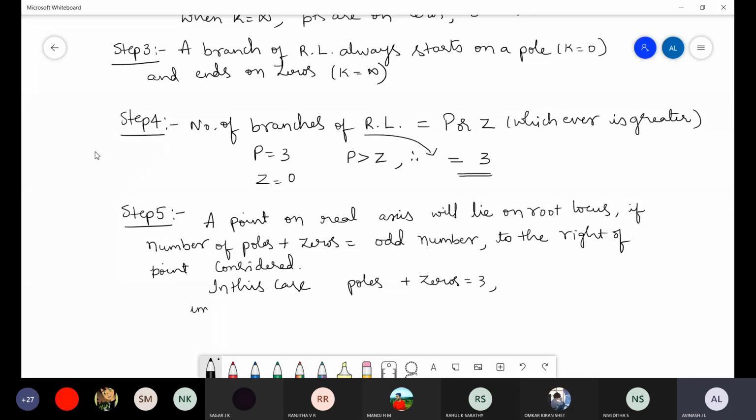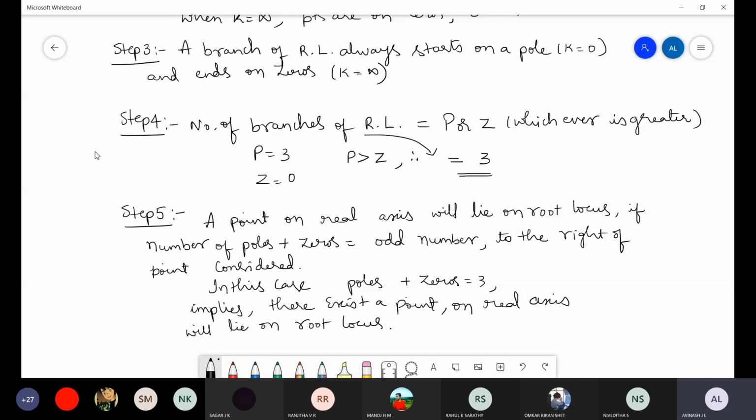It implies there exists a point on the real axis and it will lie on the root locus.